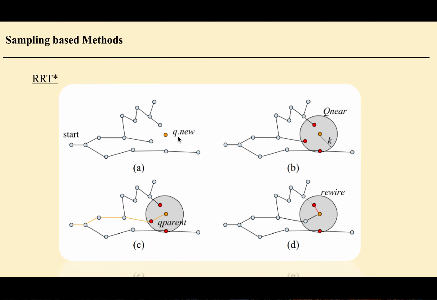We just mark it. We remember that node that we're going to work with. Once we mark it, we look in a circumference of a certain radius of the nearest node to the one that we found.